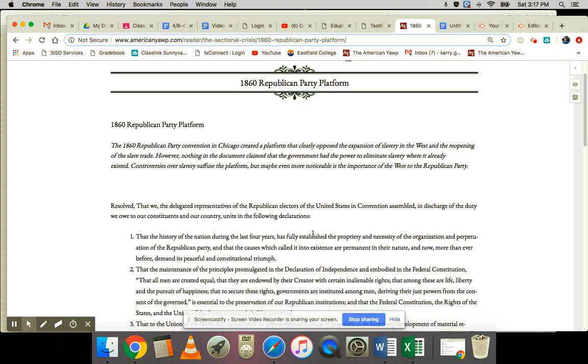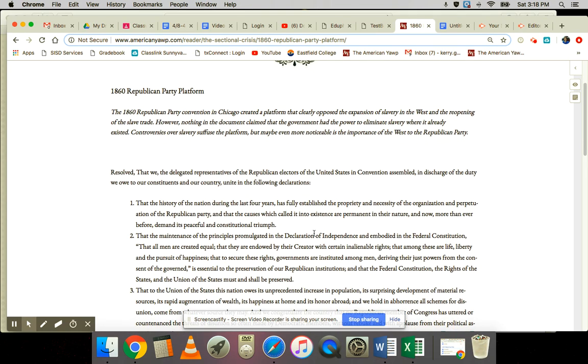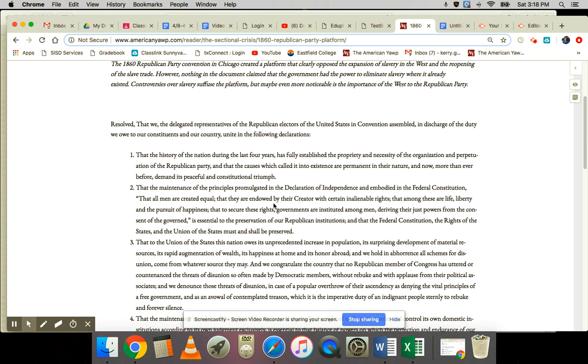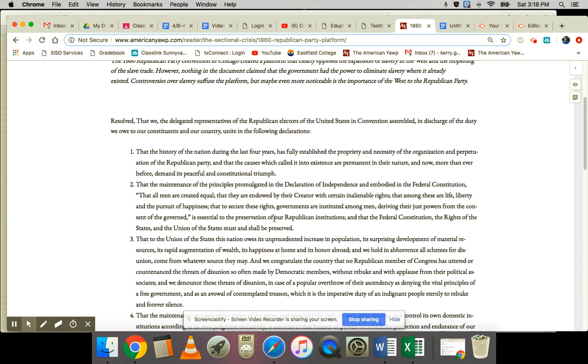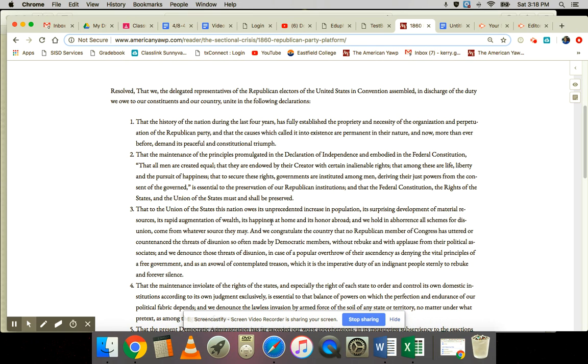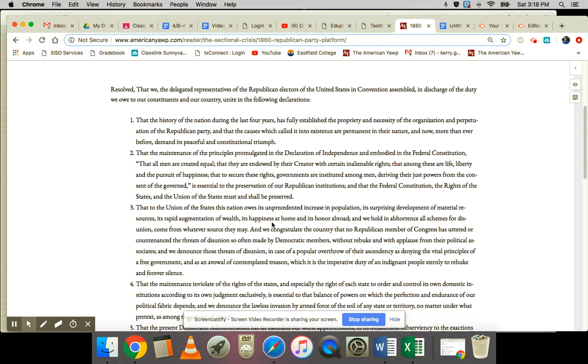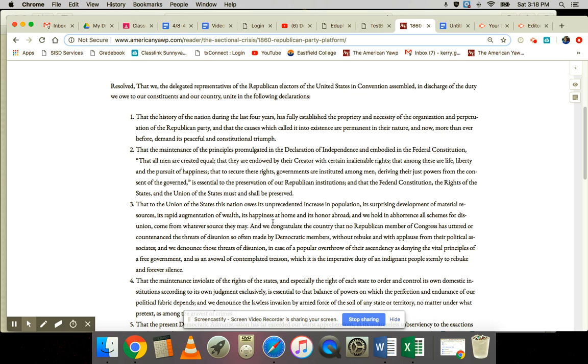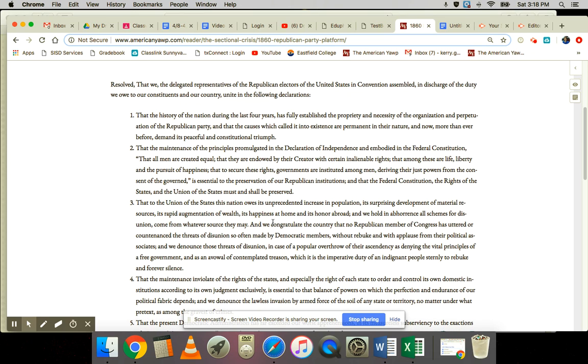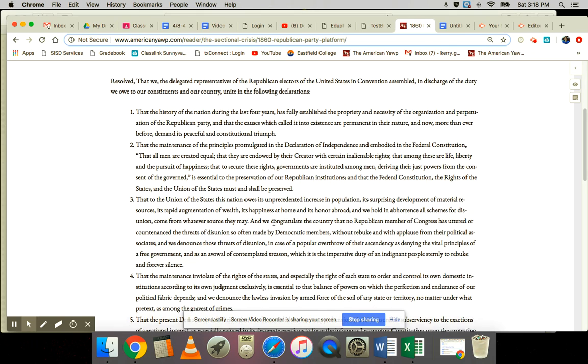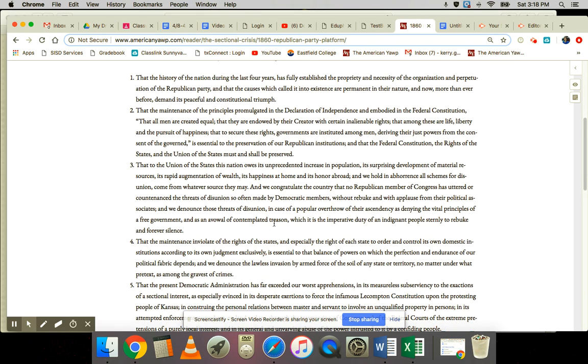Now, pay particular attention to the Republican Party platform and the things that it's advocating for. Things that have to do with all men being created equal, and that the union of the states is the most important thing. That we don't want to have the United States broken apart, and that the Democratic members have been difficult and refuse to cooperate.